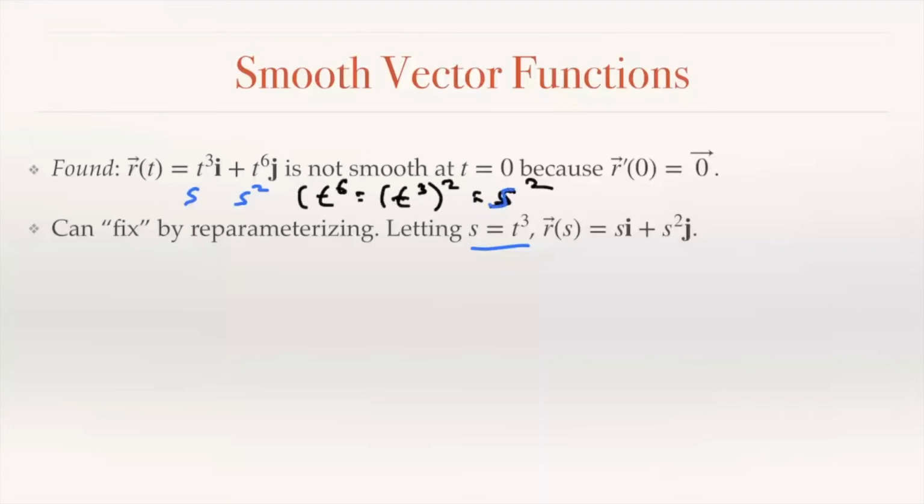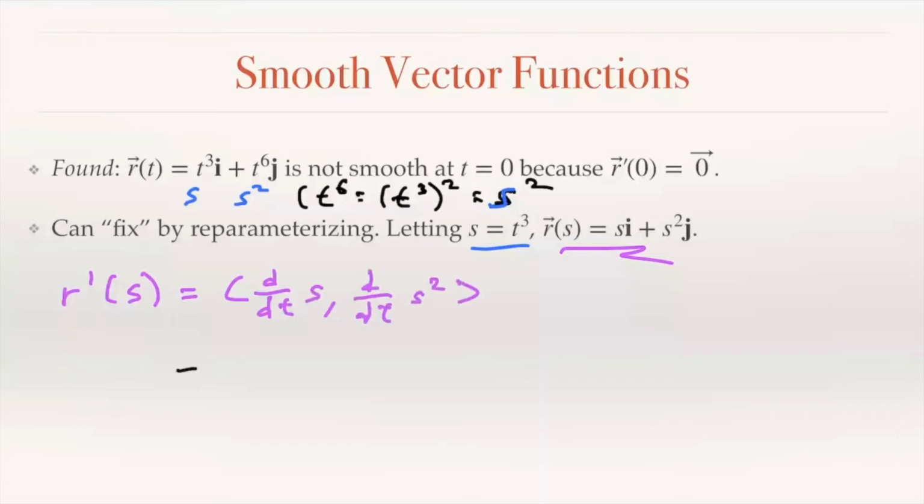Okay, now this new parameterization is such that now r prime of s, that's d ds of s, comma d ds of s squared, and that is 1 comma 2s.